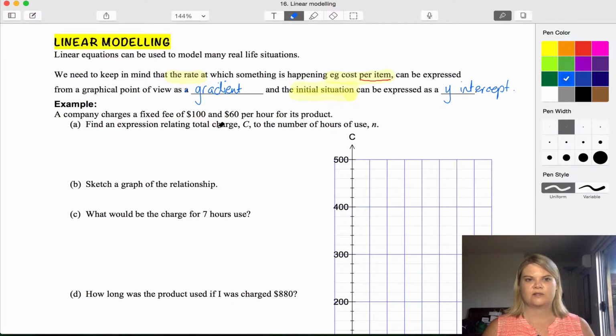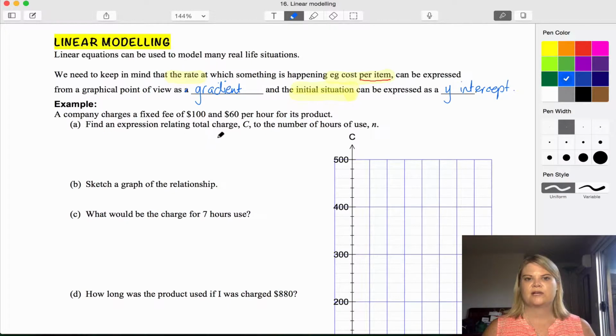So looking at the first example, the company charges a fixed fee of $100 and $60 per hour for its product. It would probably be a service that they're charging for rather than a product. So it might be an electrician. They charge you $100 just to come out and then $60 per hour for however long they stay at your house.